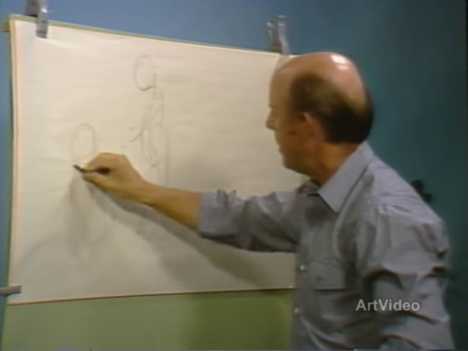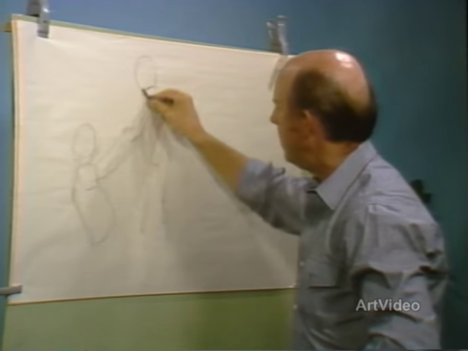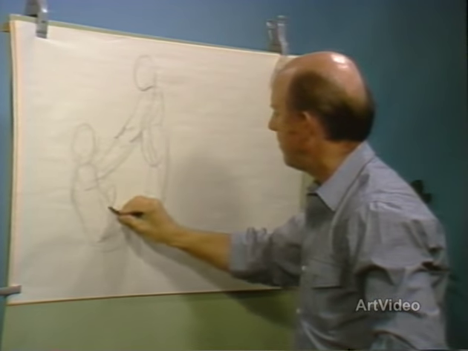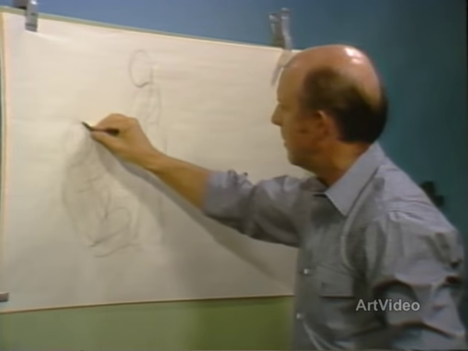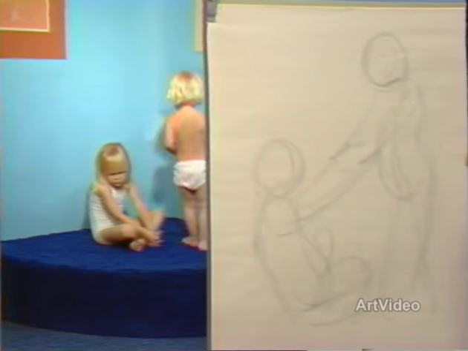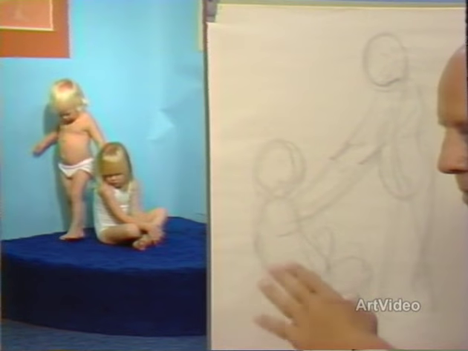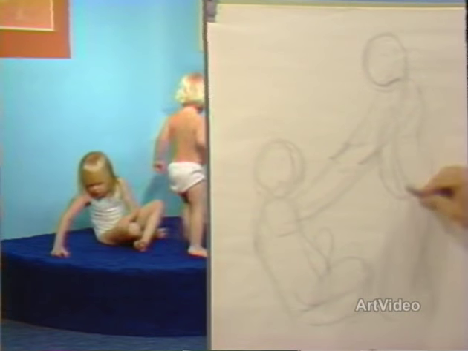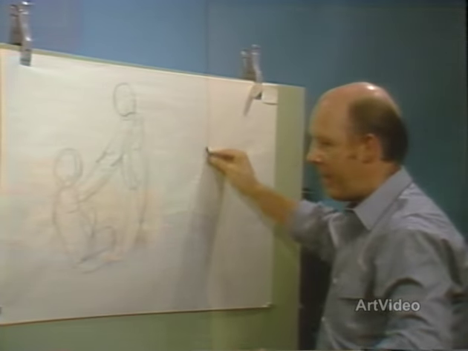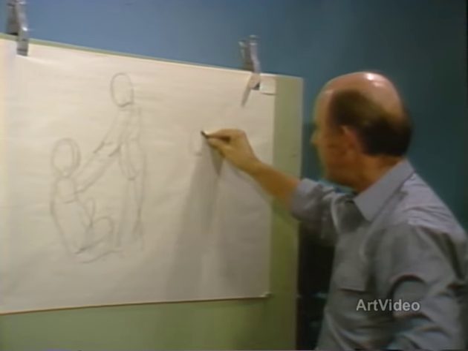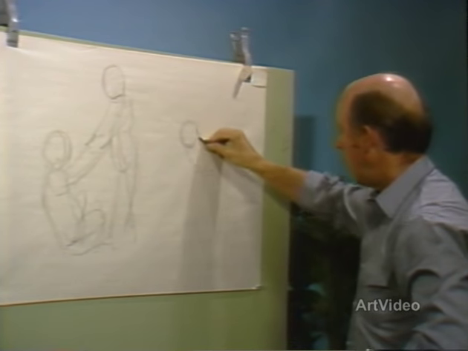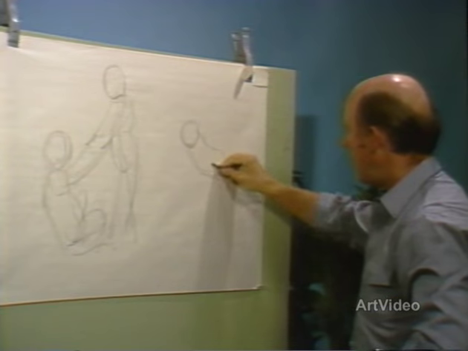What I'm doing here now is essentially remembering an action that was going on a second ago, very quickly, trying to feel what's going on. As you keep looking, sometimes they will come back to that pose, sometimes they won't. What I'll do is several drawings going at the same time, where you're trying to grab hold of this action.